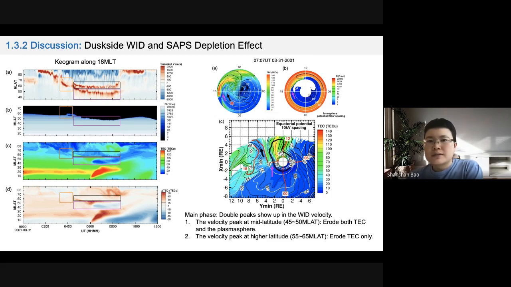You can see these two velocity peaks correspond to the two density troughs generated in the TEC, and this purple arrow also points to the location where the plasmapause is eroded. Also, you can see it more clearly on the equatorial plane that the velocity peak at mid-latitude erodes both the TEC and the plasmasphere, while the velocity peak at higher latitude erodes the TEC only.